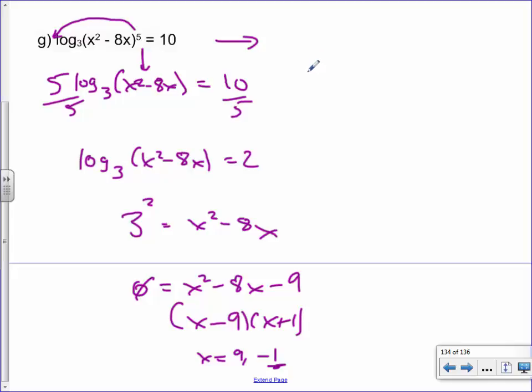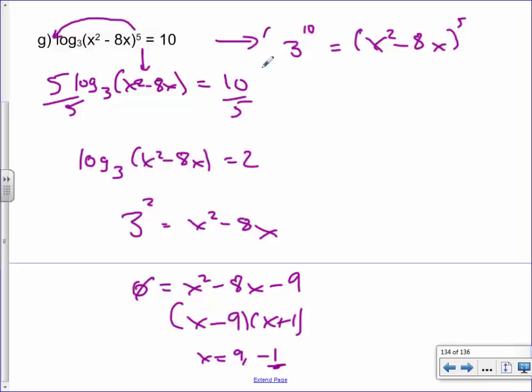Does that make sense? So I have another strategy. What we could have done is right off the bat, I could have just gone 3 to the 10 equals x squared minus 8x, but I'm going to leave this guy to the 5. I'm going 3 to the power of 10, and the leftover bit is this part right here, where I'm leaving the exponent.